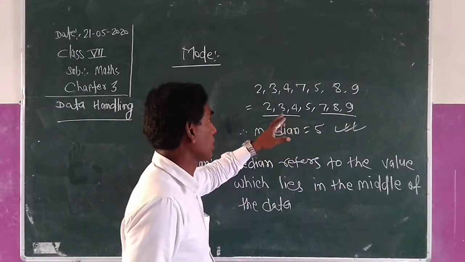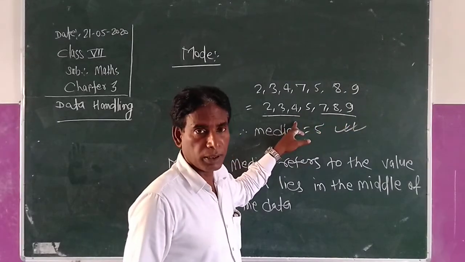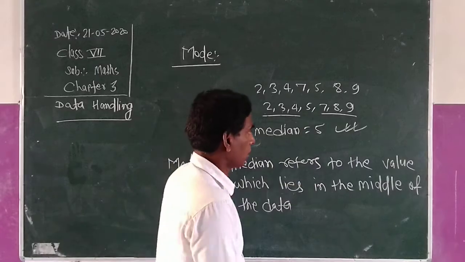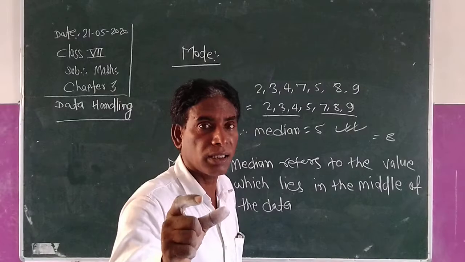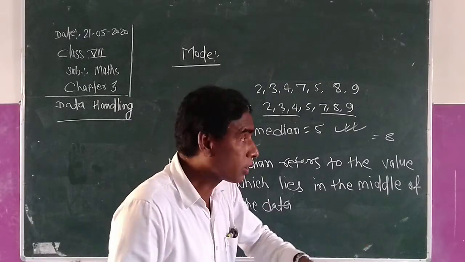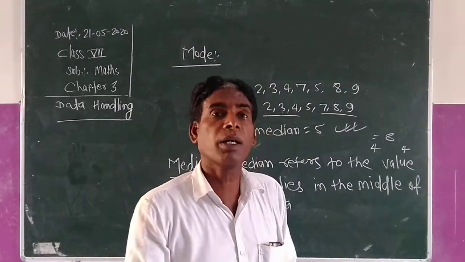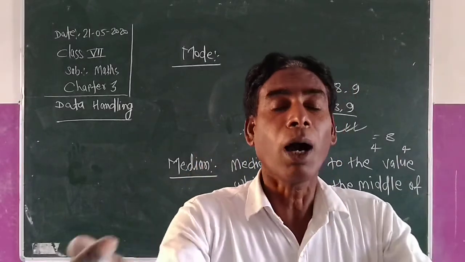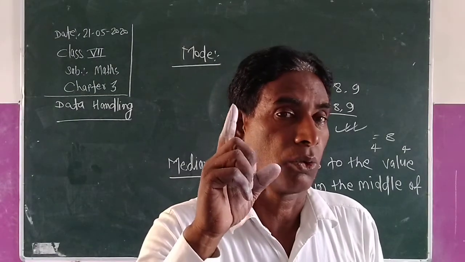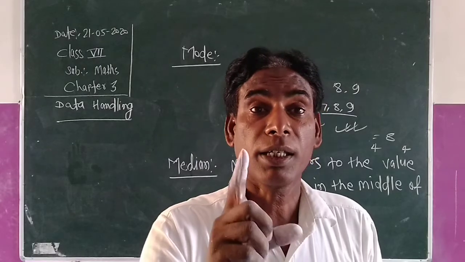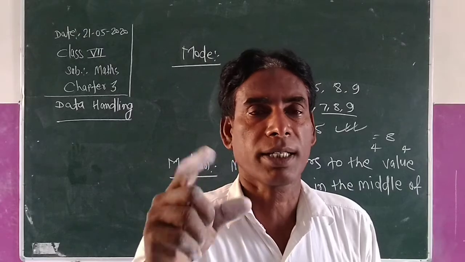Here we see that 1, 2, 3, 4, 5, 6, 7, all observations are 7. But when the number of observations is 8, how do you divide half and half? When you divide in half, 4 here and 4 there, there is no number in the middle. So how will you find the median of data which has an even number of observations? It will be discussed in the next class.